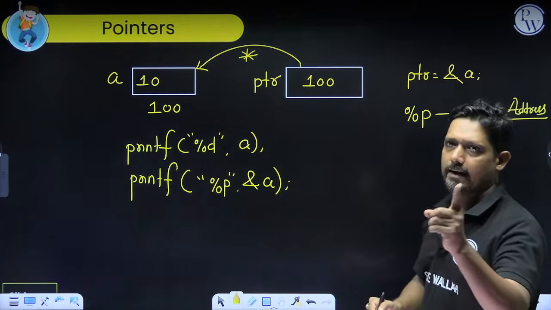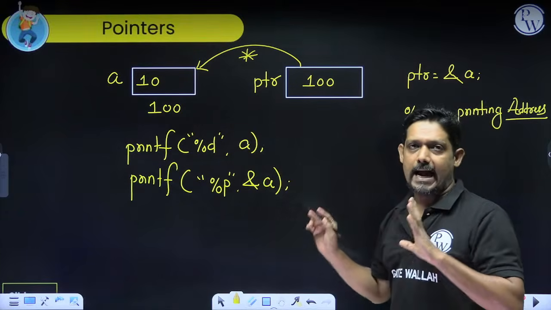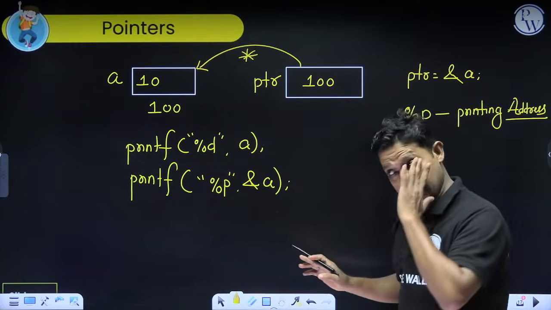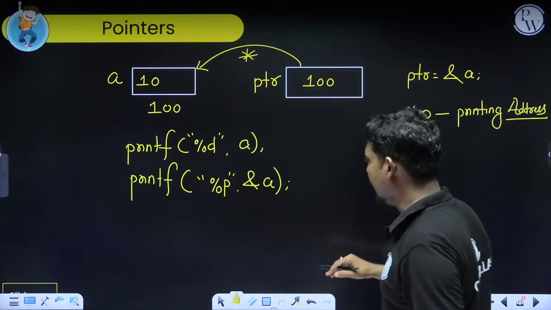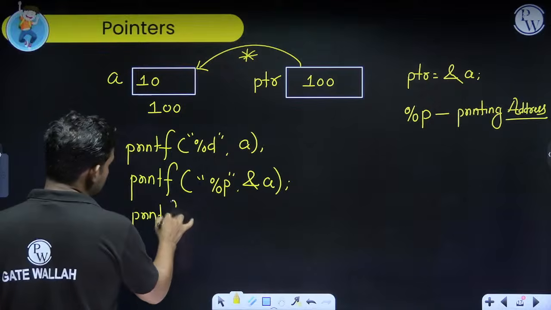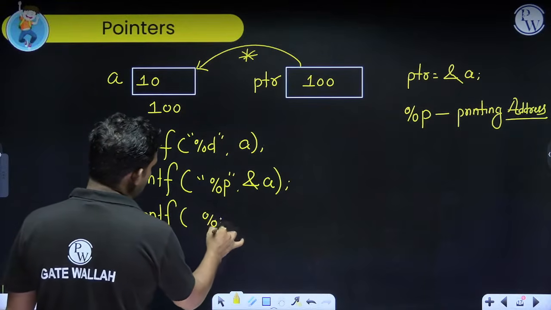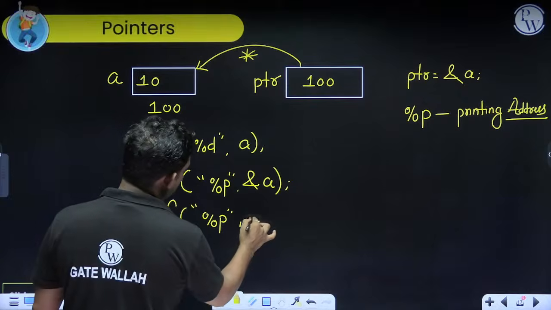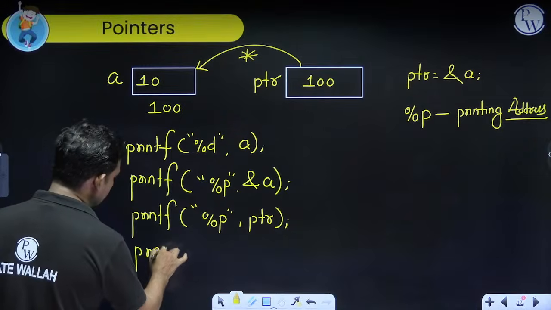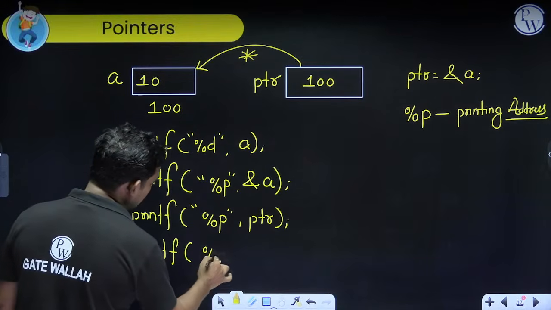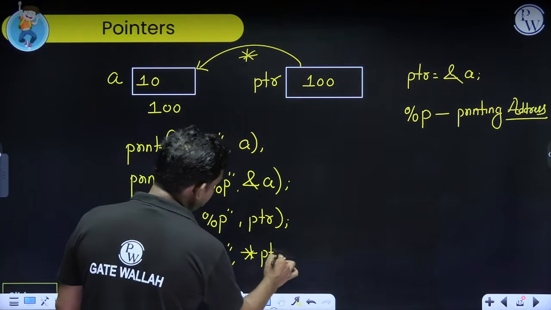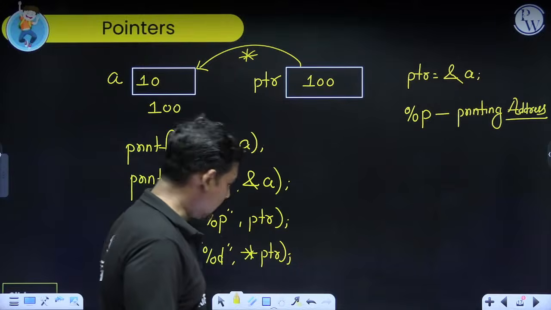So ampersand a, address of a, I have written %p, p will print the address here in this case. Now if I say printf one more time, %p, and I say only ptr. And last but not least, printf, data type is important, %d, and you say dereference ptr, star ptr.